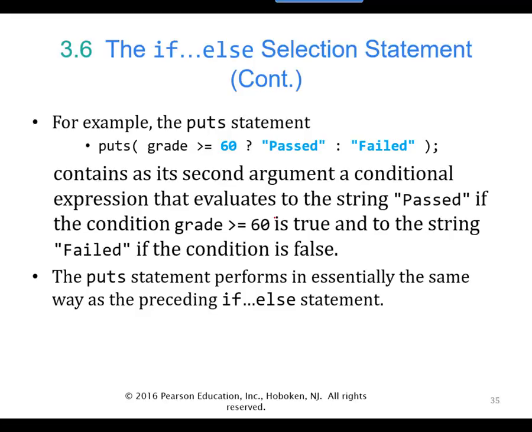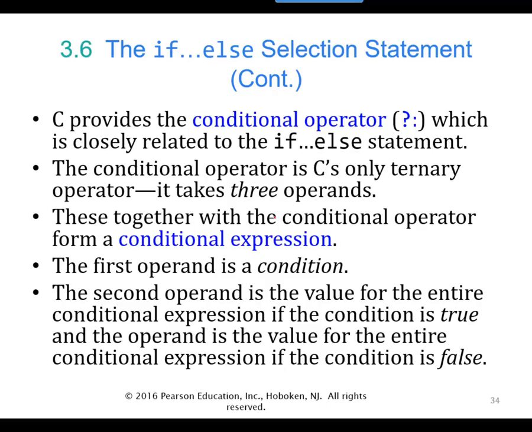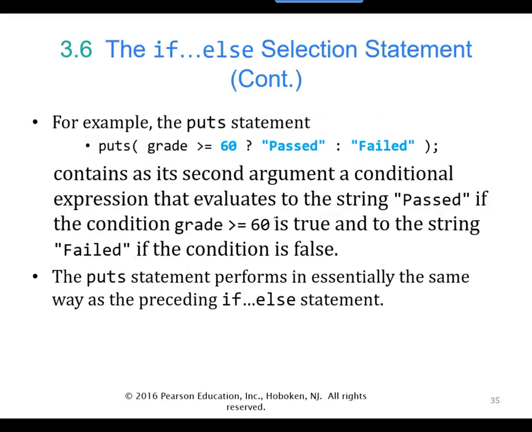C uses a conditional operator. This gets really ugly. I'm just going to put it up there and say, don't learn this. Don't try to follow this right now. This says put string, grade equal or greater than 60.